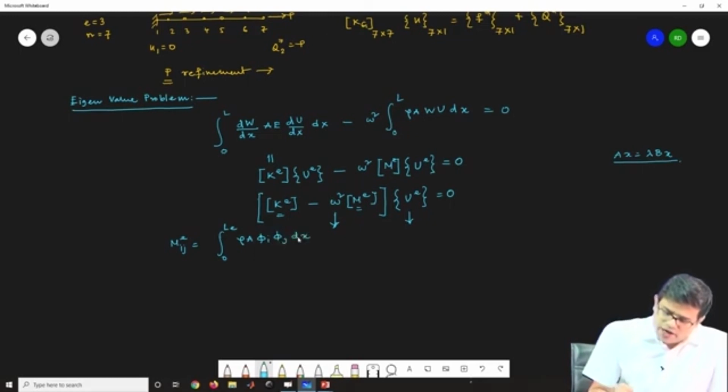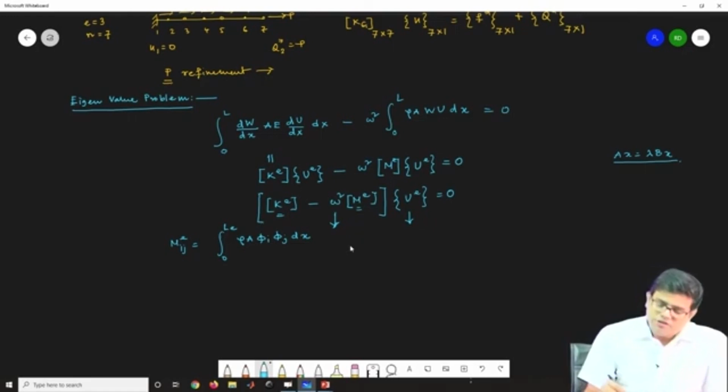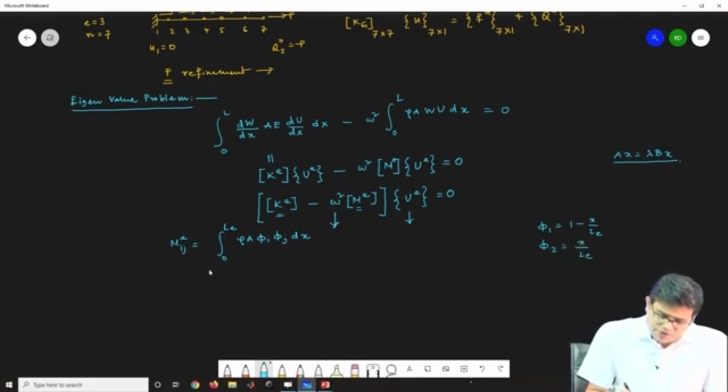So this is my M_ij. Now if I substitute phi 1 equals 1 minus x by Le and phi 2 equals x by Le, then for instance M11 will look like 1 minus x by Le times 1 minus x by Le.